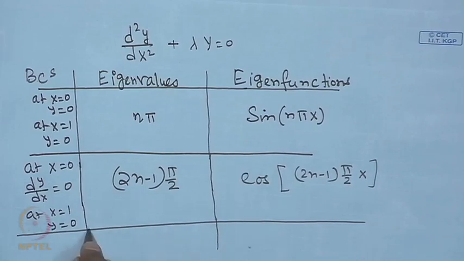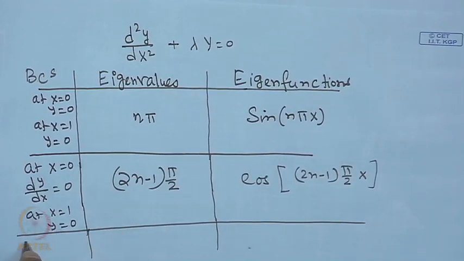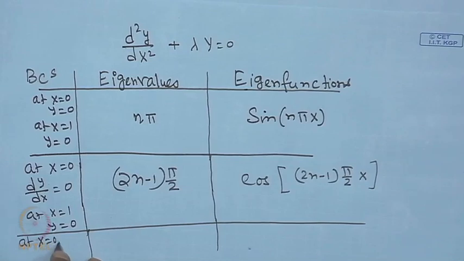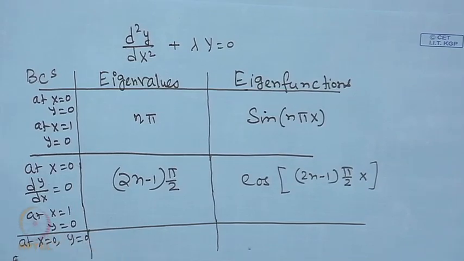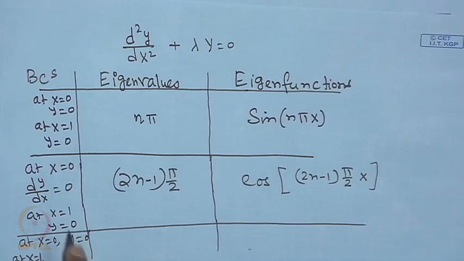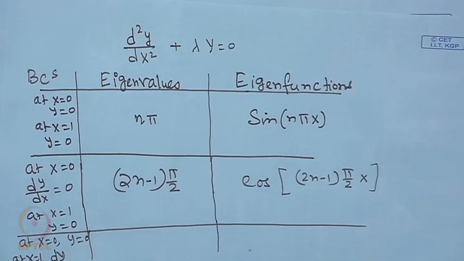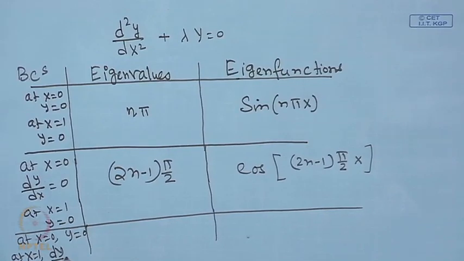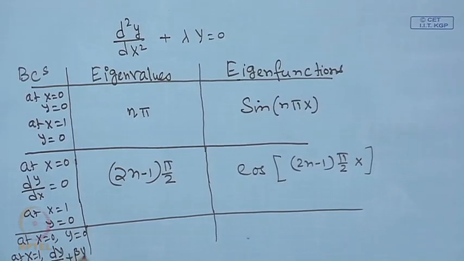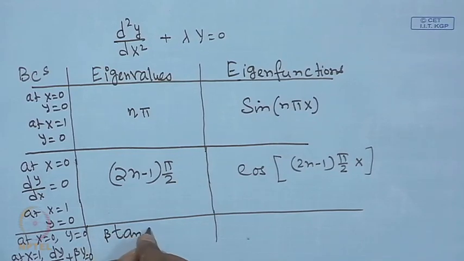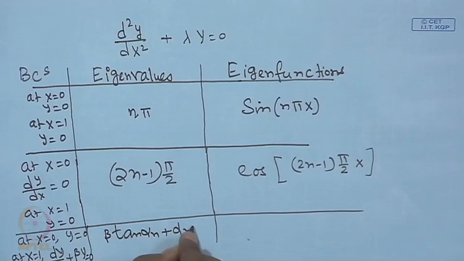And on the other hand, the last one: if we have the boundary condition at x is equal to 0, y is equal to 0, but at x equal to 1 we have a Robin mixed boundary condition, dy dx plus beta y is equal to 0, then we have a transcendental equation whose solution becomes the eigenvalues. So, beta tan alpha n plus alpha n is equal to 0.